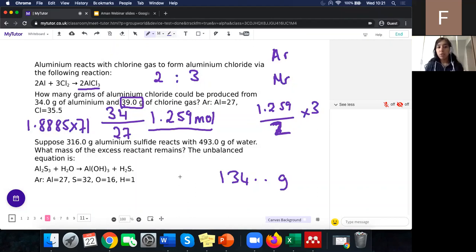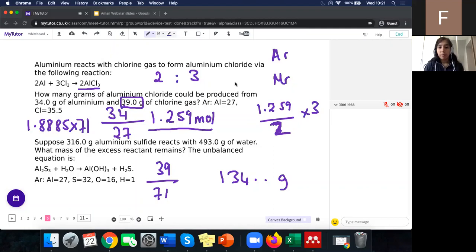So the number of moles of chlorine will be 39 divided by 71. So what's 39 divided by 71? 0.549. Excellent. So that is the new number of moles. It's 0.549.